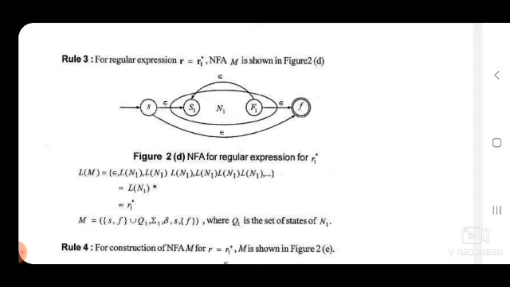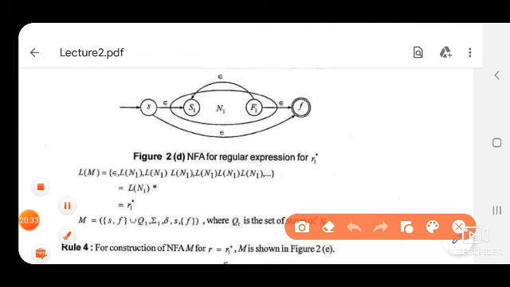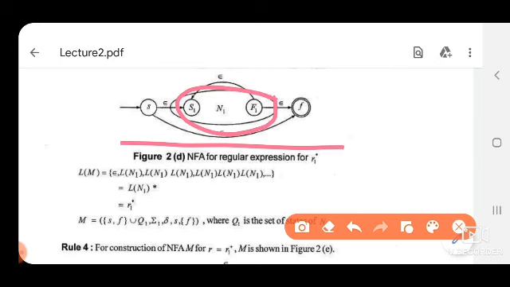So let's take this example. N1 is the NFA for R1. R1 is our regular expression for which we have to draw the NFA for R asterisk. So the NFA for R1 is N1, where S1 is the initial state and F1 is the final state.